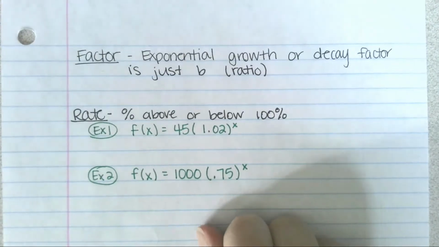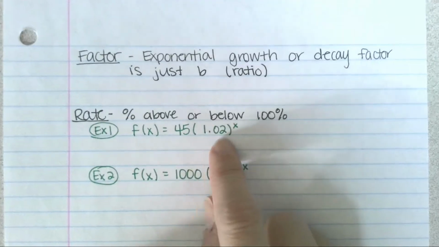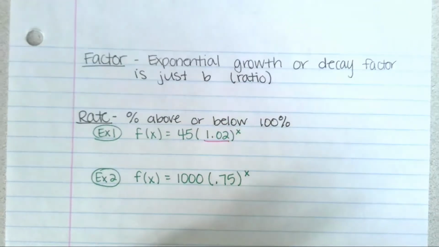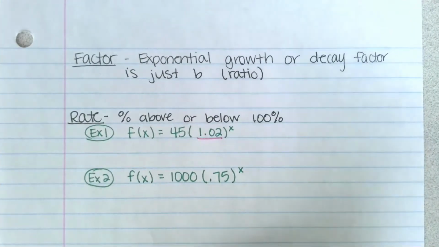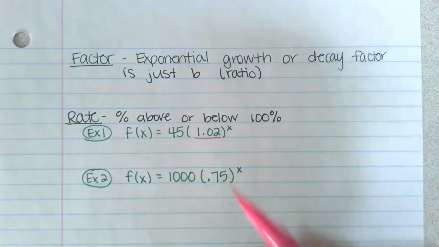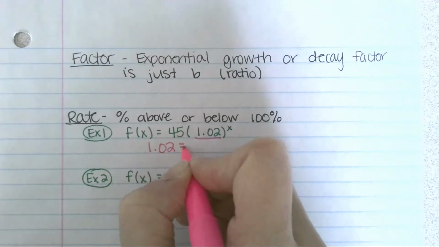Okay, so let's look at this. In example 1, for f of x equals 45 times 1.02 to the x, 1.02 is the growth factor. That's b. But if we want to talk about the growth rate, that's going to be different. That's where we're going to take 1.02 and write it as a percent.